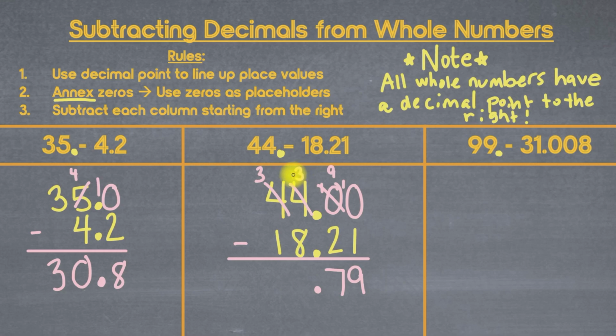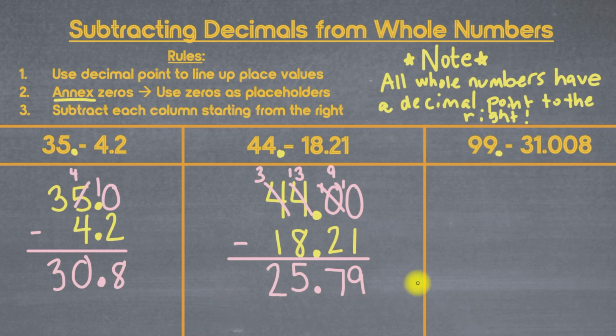And this 3 here will become a 13. And 13 minus 8 is 5. So I'll put a 5 in that column. And now I've got 3 minus 1, which is 2. So our final answer here is 25.79, or 25 79/100ths.